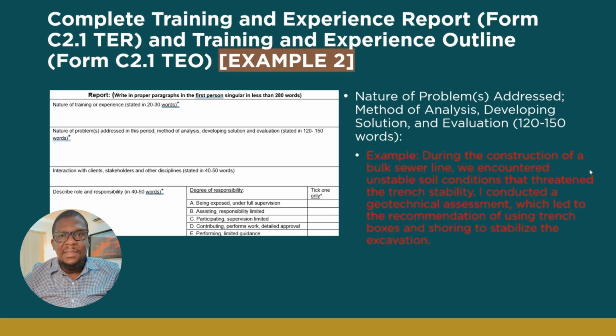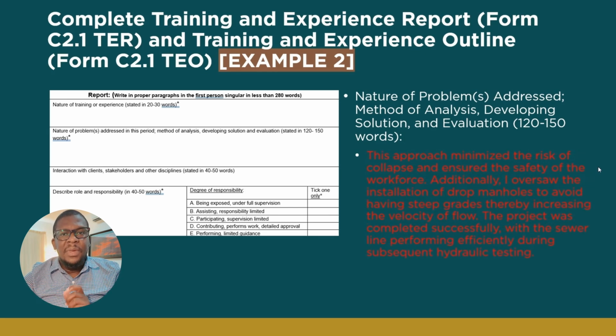How you analyze the problem and how you develop solutions to the problem. This approach minimizes risk of collapse, ensuring the safety of the workforce. Additionally, I oversaw the installation of drop manholes to avoid steep gradient, thereby increasing the velocity of the flow. This project was completed successfully, with the sewer line performing sufficiently during the testing of hydraulics.